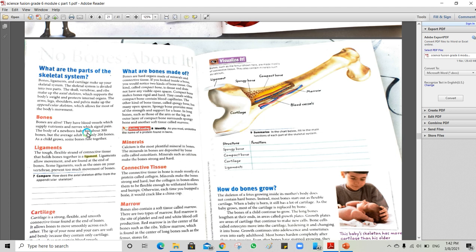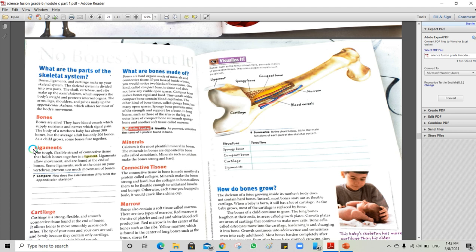Teacher, I want to ask you a question. Now the bones are connected together, so how do they connect together? They are connected together with a tough and flexible strand of connective tissue that holds bones together, and this is called a ligament, or ligaments in plural.